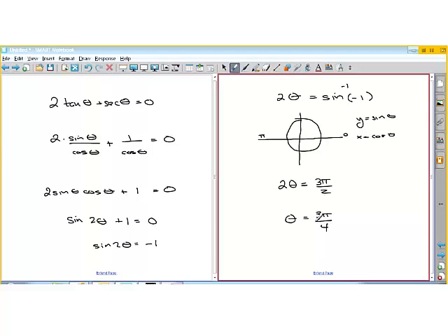So I think that's right. So we have one critical number. You can always check it by plugging it back in, let's say right here.